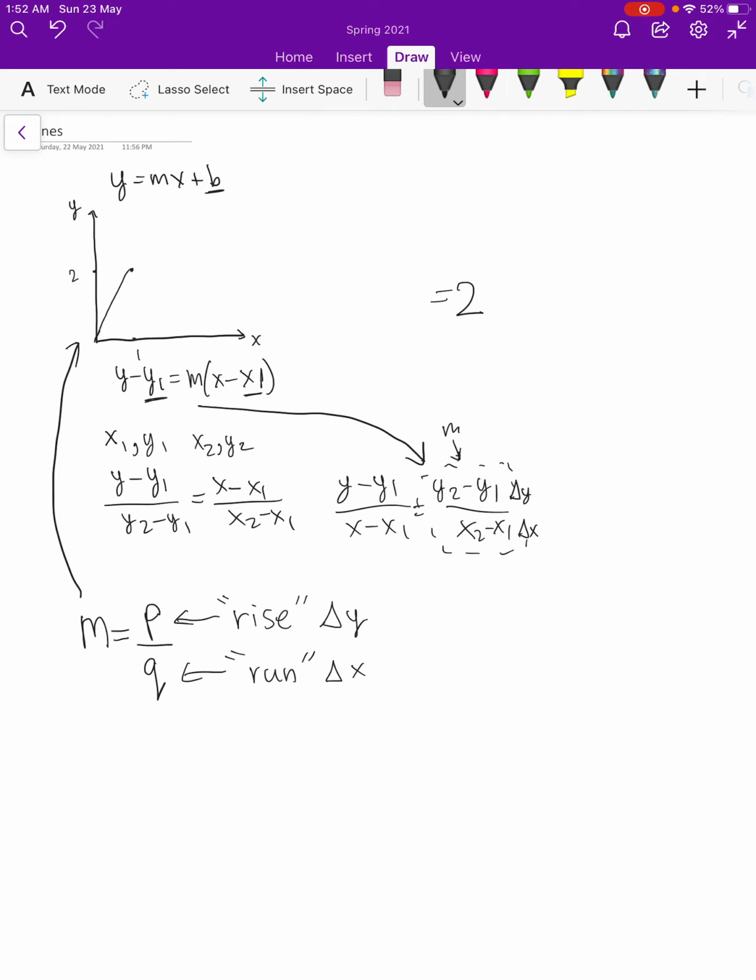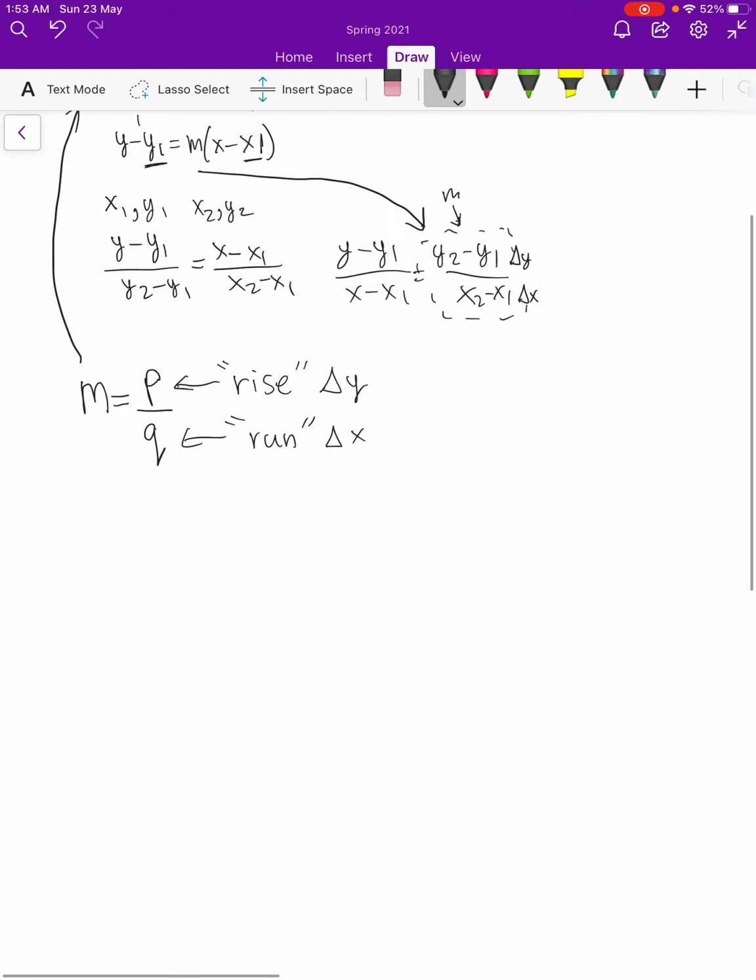But this is the same thing if this slope is also 2. Ignore the misrepresentation, but they're meant to be parallel. This slope is also 2, but we need a point so that we can establish where it is on the plane. So that's why a point is important.